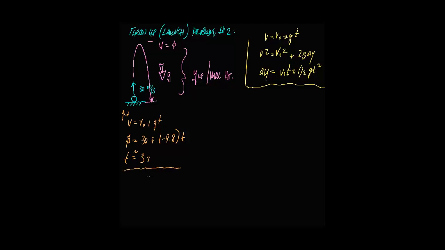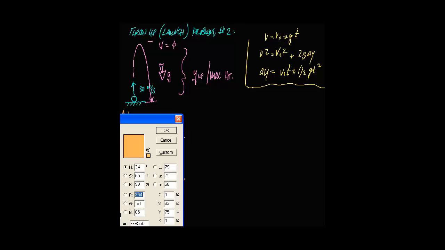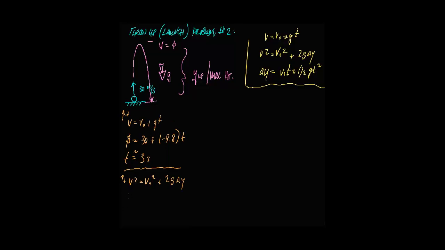All right, let's find out how far it goes up. Now, we could use the second equation just for something different, v squared equals v0 squared plus 2g delta y. Again, still positive up. Final velocity 0 squared equals initial 30 squared plus twice minus 9.8 times delta y.